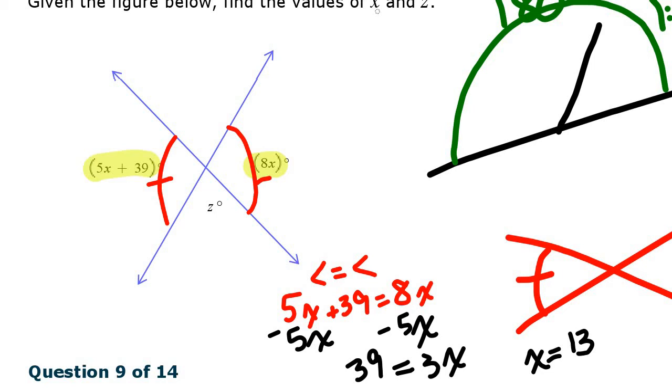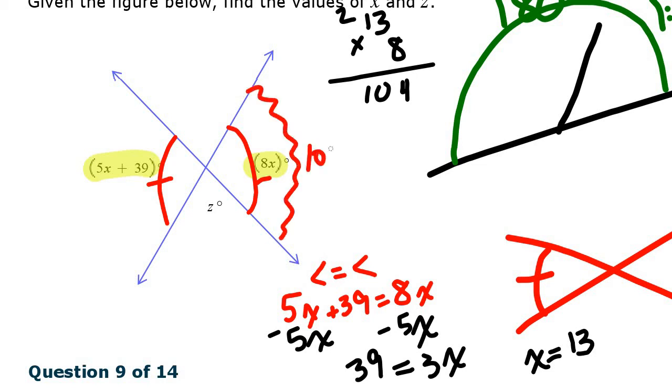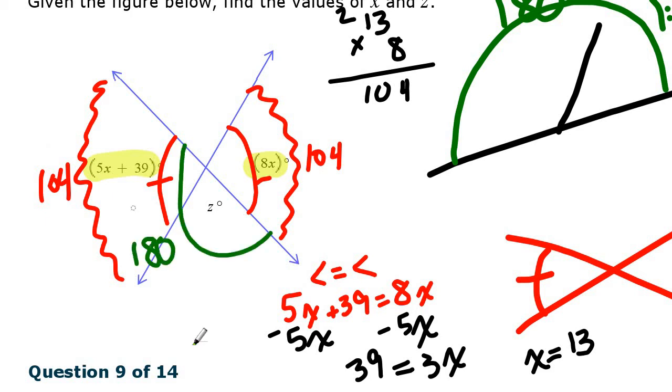Now to solve, we're going to go 8 times 13. So we just found that the measure of this angle is 104. This angle is also 104. That sweeps 180. So you can see that Z is going to be 180 minus 104. So Z is going to be 76. And then this is also 76.